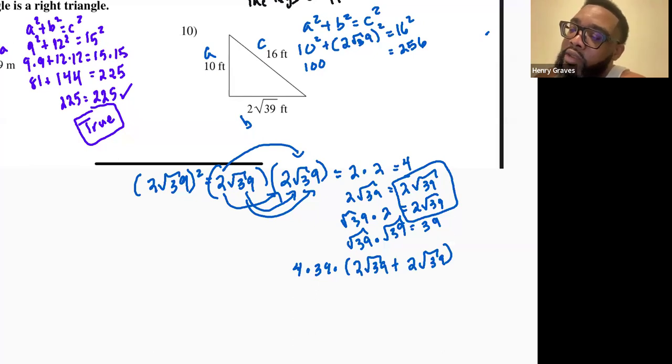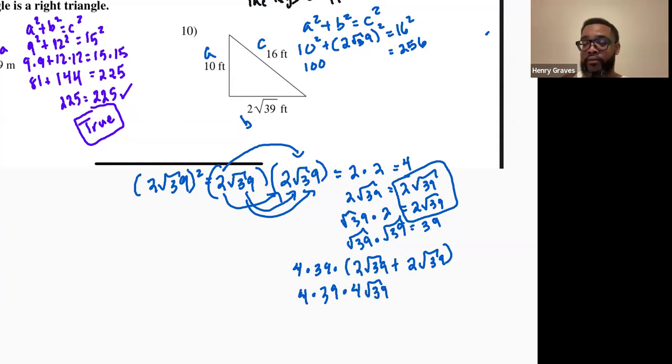So it's gonna be 4 times 39 times 4 root 39. So if I multiply 4 times 4 times 39, well, that's 156.